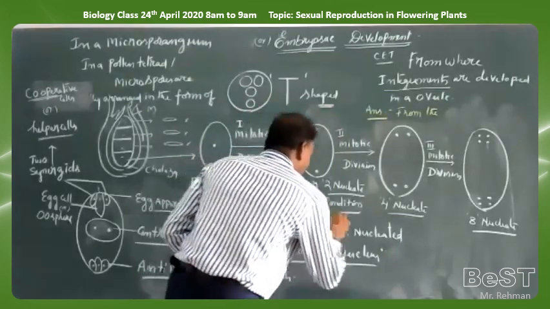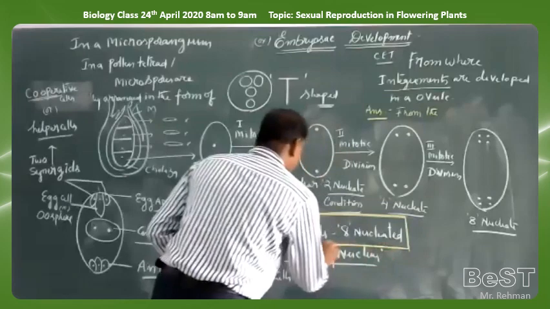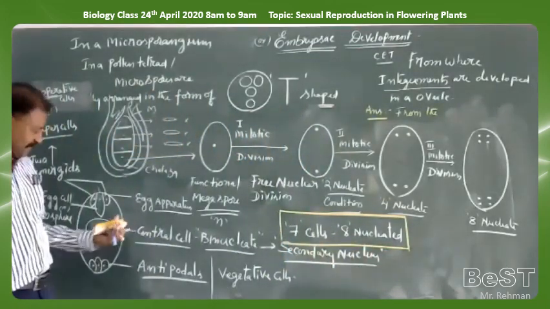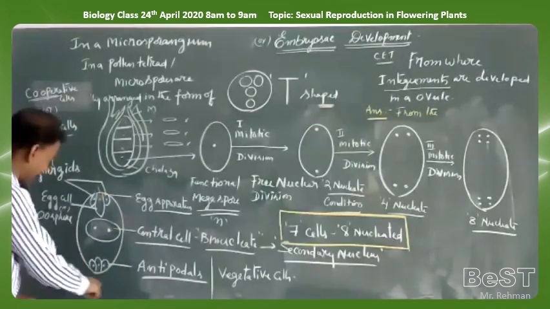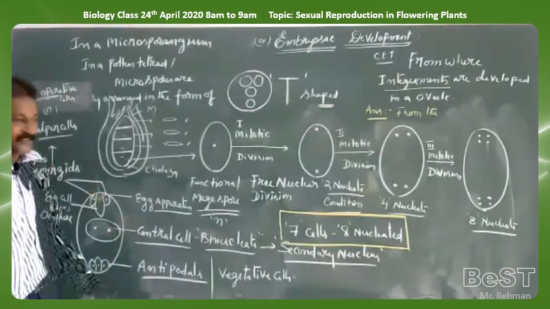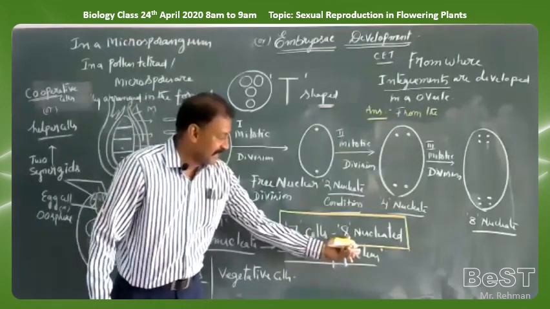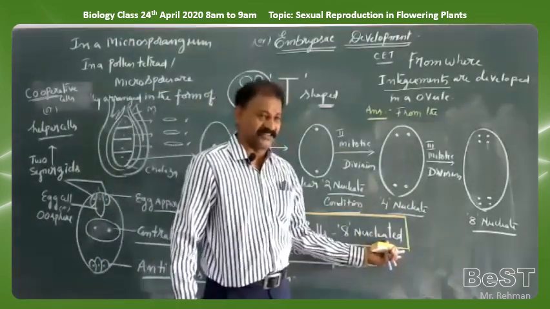So in angiosperms, the female gametophyte is nothing but a 7-celled 8 nucleated structure.